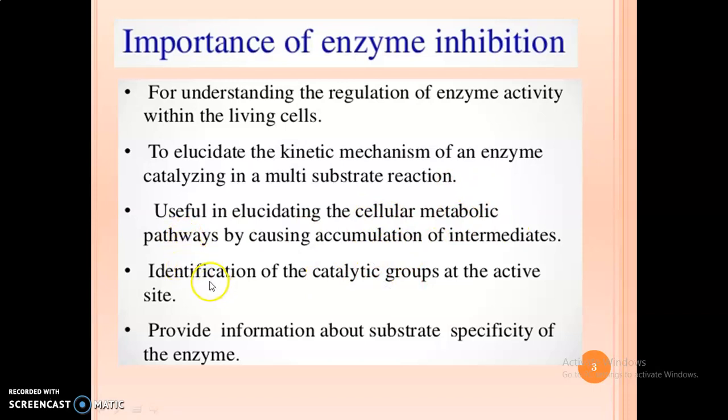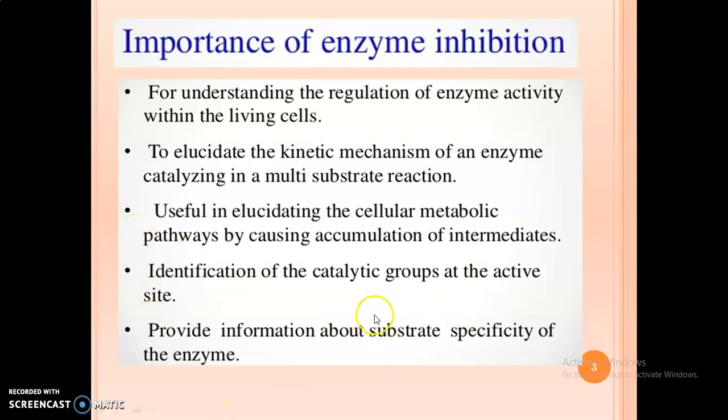Next, it is used in identification of catalytic group at the active site. The active site on the enzyme is the site at which your substrate binds to the enzyme. That is identified with the help of enzyme inhibition. Then it provides information about substrate specificity of the enzyme.